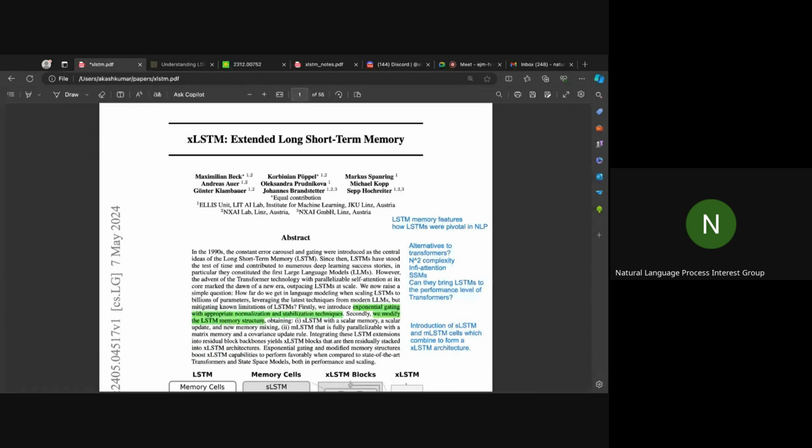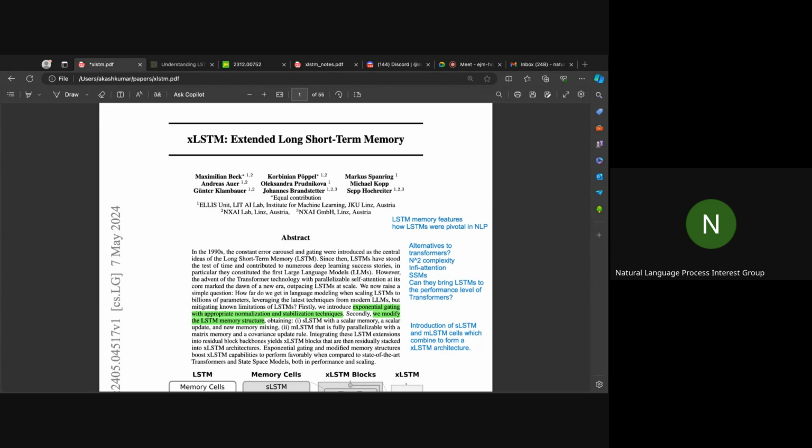So there has been a lot of search around what alternatives we can have to the transformer architecture. A few weeks back we looked into the Infini-attention paper, which was a method to try to add memory to the attention architecture.